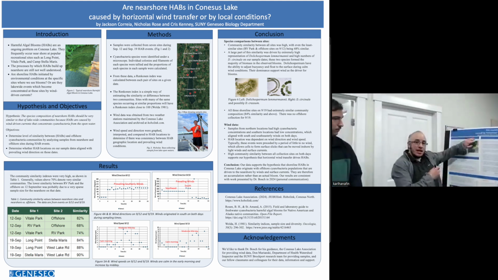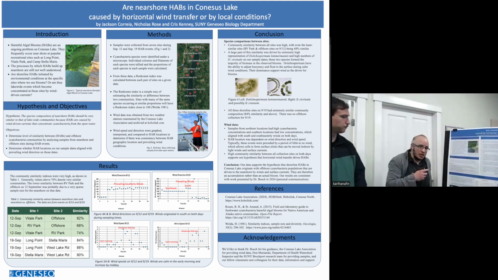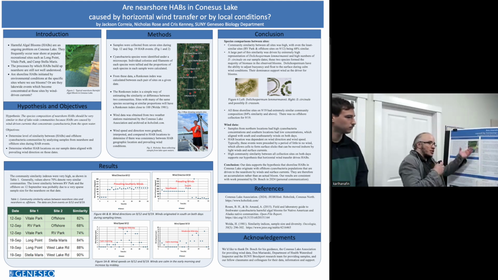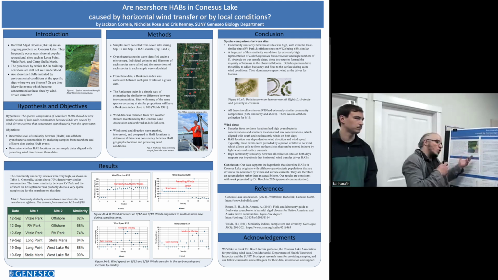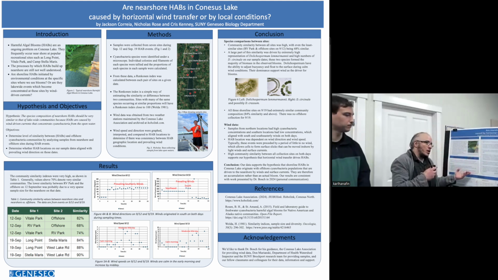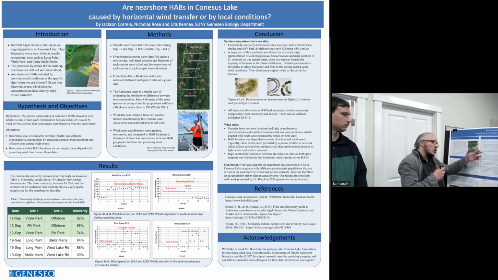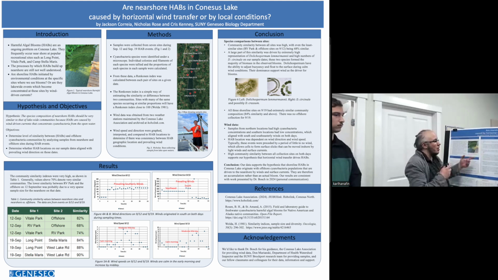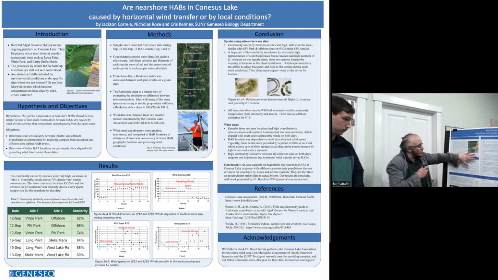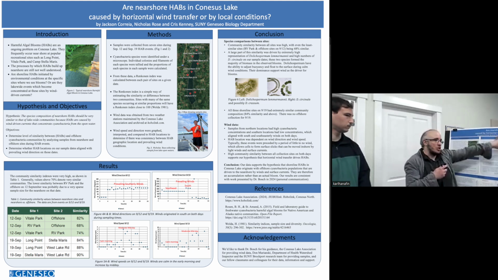So first off, we collected samples from a number of different sites around the lake on 2 different dates. We looked at the species of cyanobacteria that we could identify in each sample, and we calculated the relative proportions of species at different sites around the lake, and calculated what's called a percent similarity index between the communities at different sites.